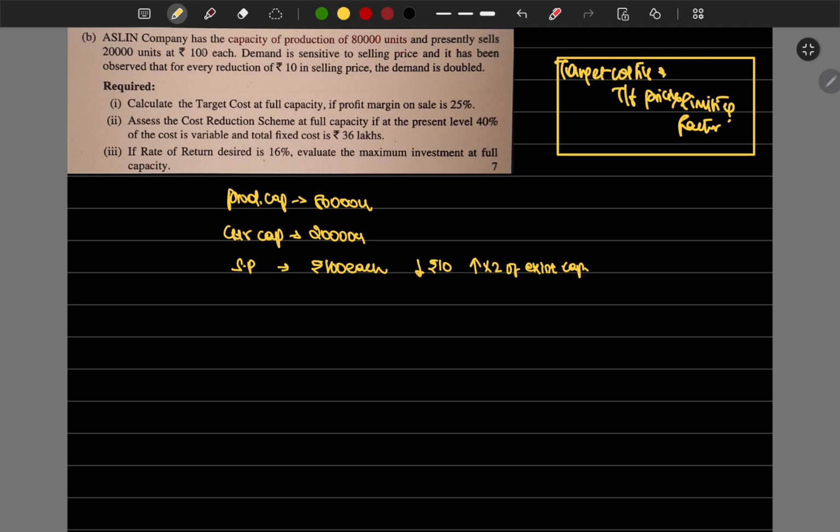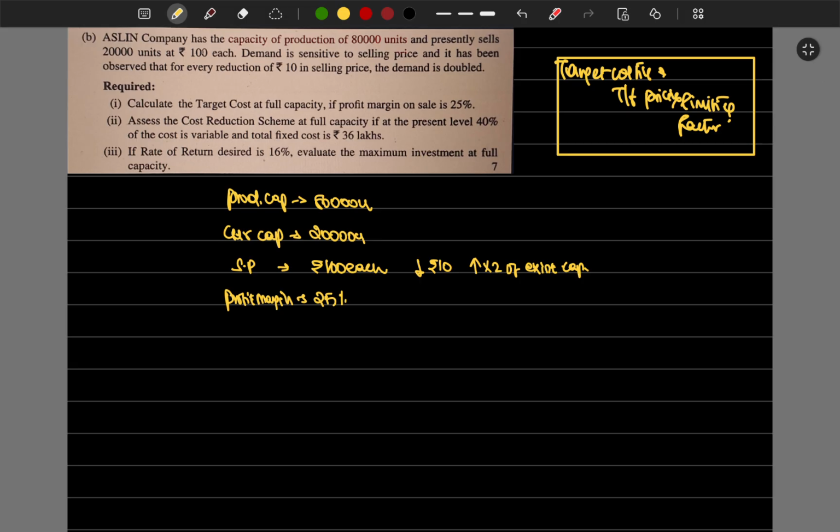Okay, and then they have asked us to find out the total target cost at full capacity when the profit margin is 25 percent, and the cost reduction scheme at full capacity.